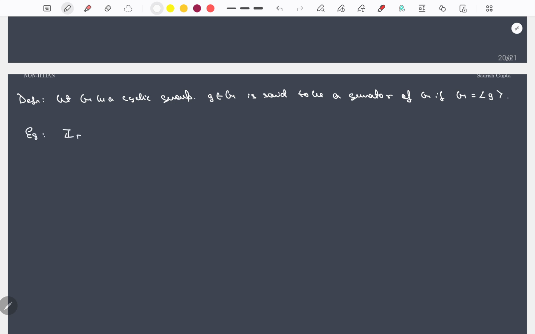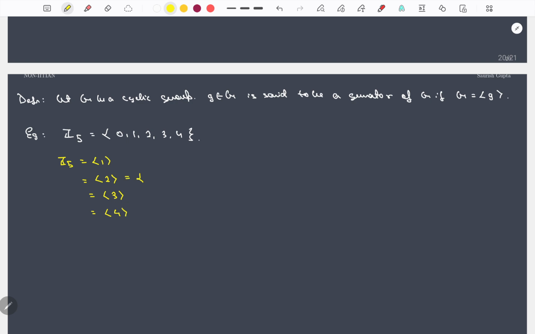Suppose I take Z5, which is 0, 1, 2, 3, 4. It's a cyclic group with 5 elements, and it's quite clear that Z5 is generated by 1. But observe that it's also generated by 2, and also by 3, and also by 4.